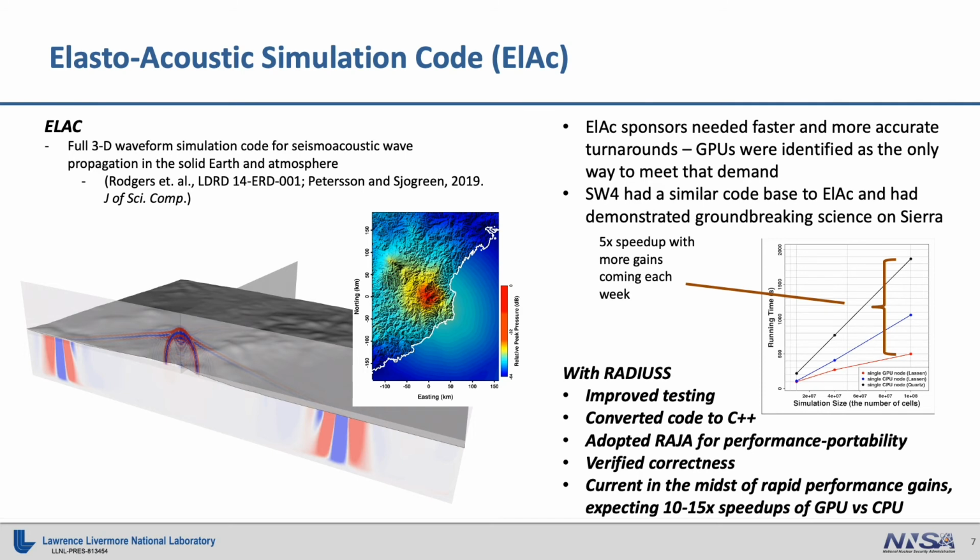We converted some Fortran code to C++ so that we could adopt a performance portable solution in the form of RAJA. We've been verifying correctness along the way and currently are in the midst of seeing ever improved gains, with targets that we're hoping to see 10 to 15 times faster node for node performance versus some of the CPU systems on systems like Lassen.